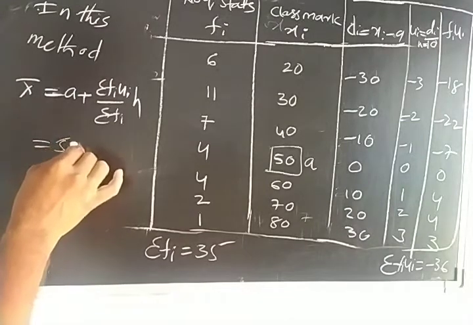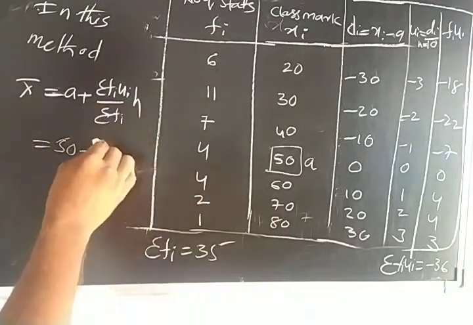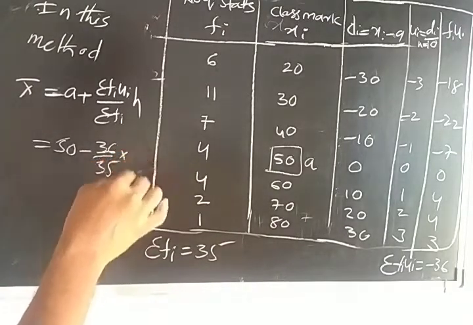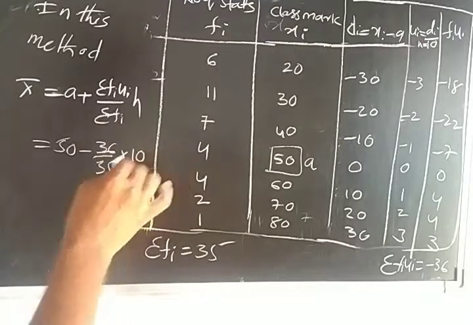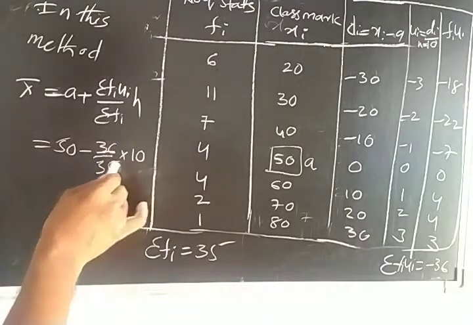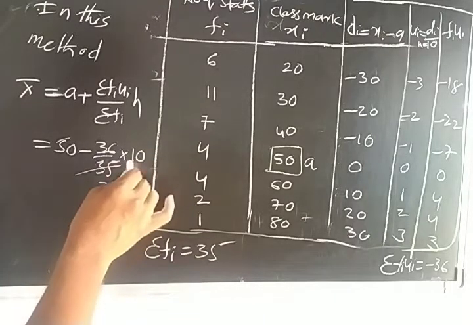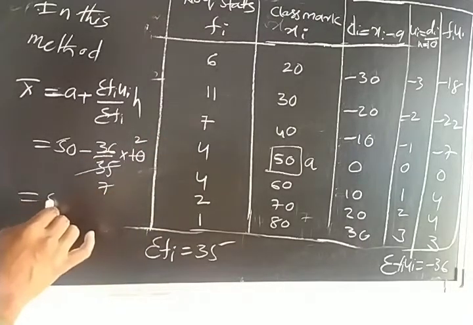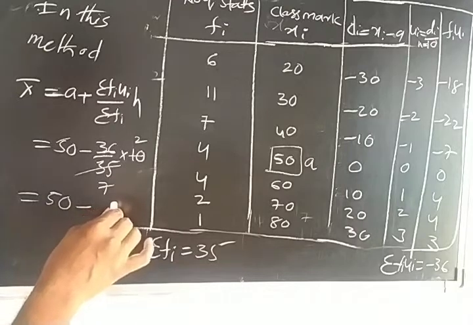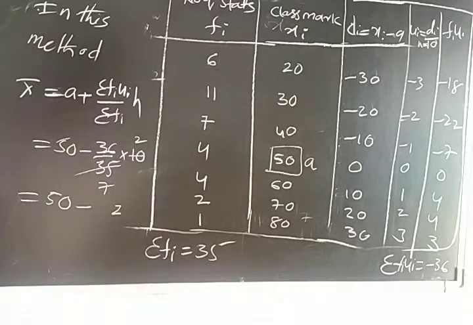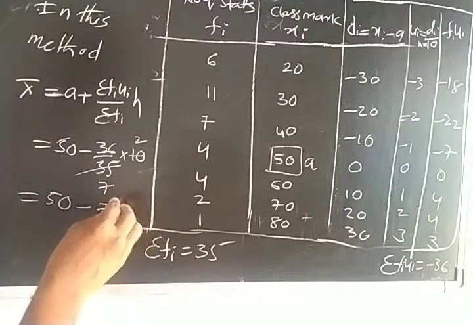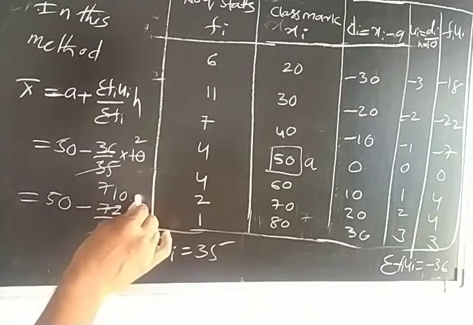A is 50, minus 36 is the summation fi ui, negative value, by 35 into h, which is 10. Using the 5 table, 5 7s are 35, 72 by 7 is 10 point 2.